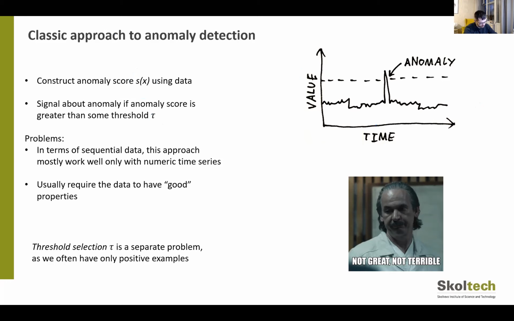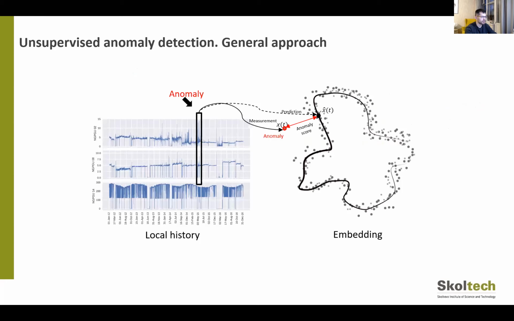But okay, let's see what we can do about more complex S of x construction. The basic idea, if you have no labels and want to do unsupervised anomaly detection, is to try to do something like this. We observe these gray points and we construct a model for a point.